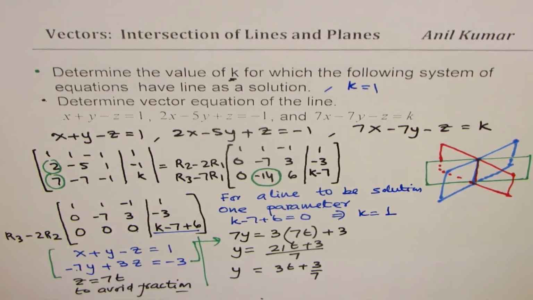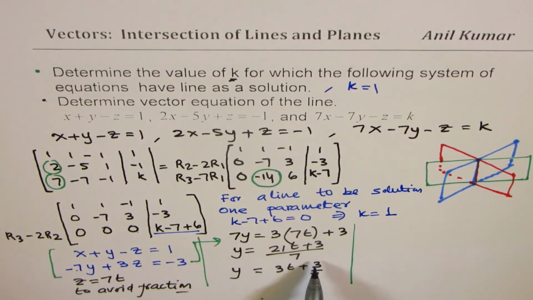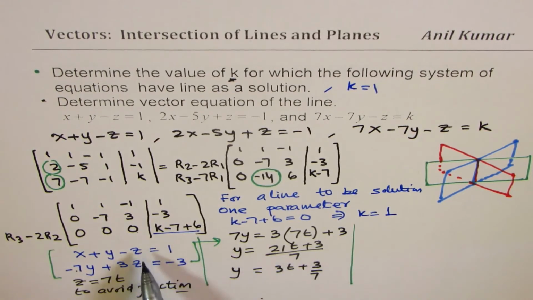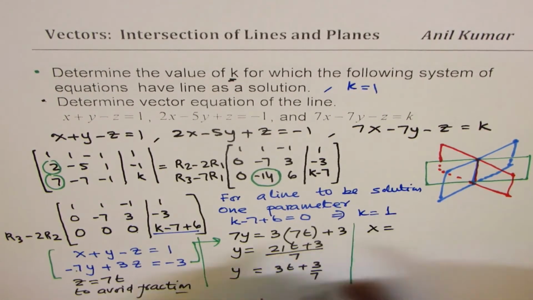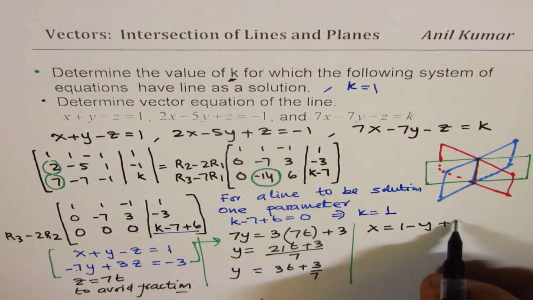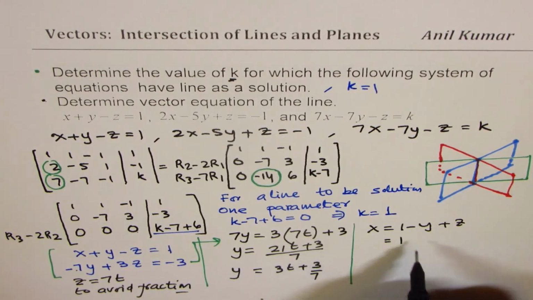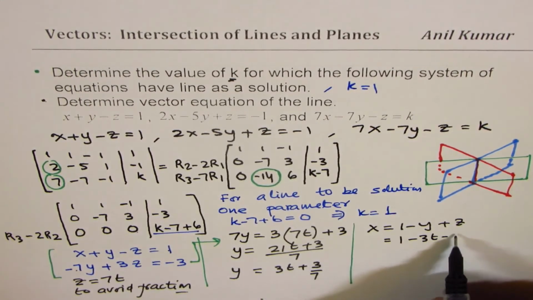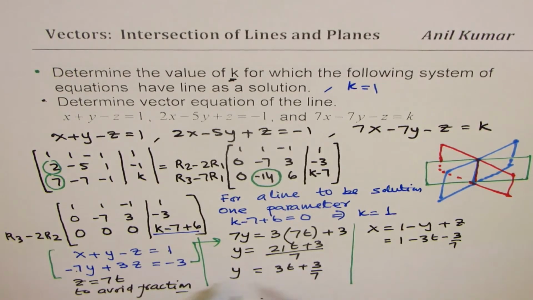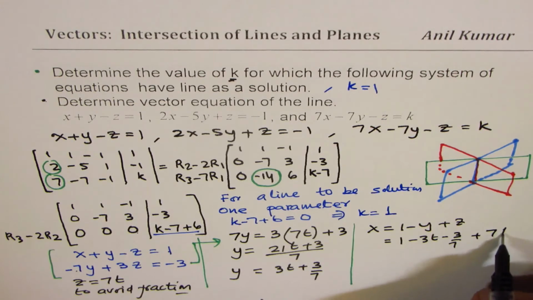Z is 7t. Now we can find the value of x using the first equation. X is equal to 1 minus y plus z, which is 1 minus 3t minus 3 over 7, and z is 7t, so plus 7t.